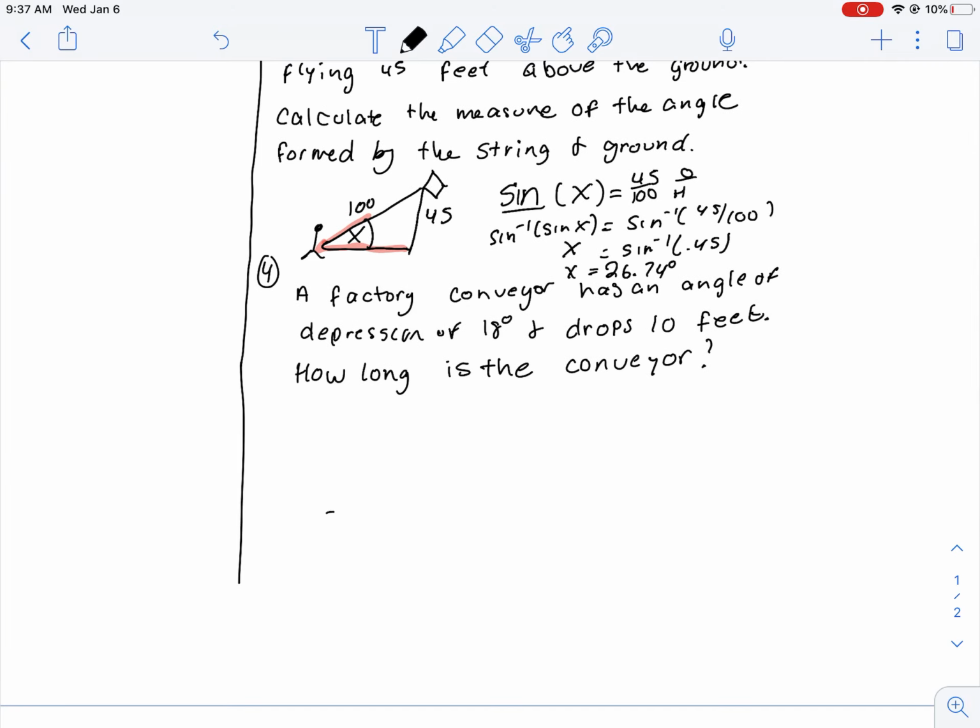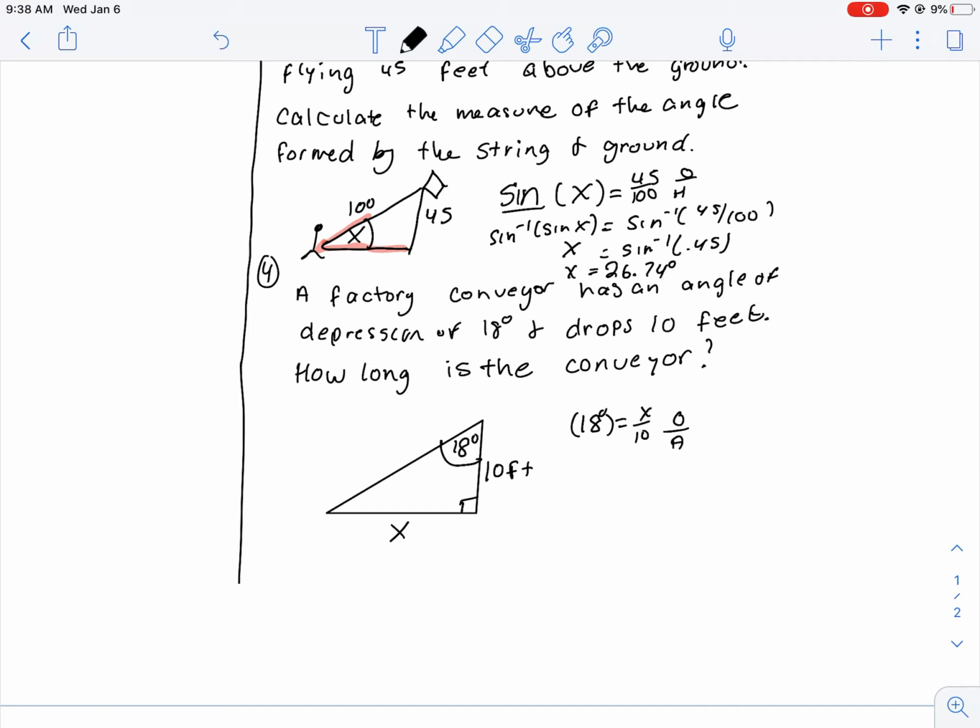Okay. So now we have a factory conveyor with an angle of depression of 18 degrees. Remember, an angle of depression is always at the top of our triangle. So this is 18, and a drop of 10 feet. So that is this 10 right here, and that's in feet. How long is the conveyor? Remember, conveyors are at the bottom, so this is my x. Again, the x is opposite the 18 degrees, and the adjacent is 10.